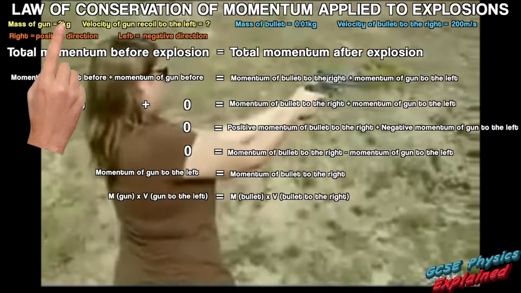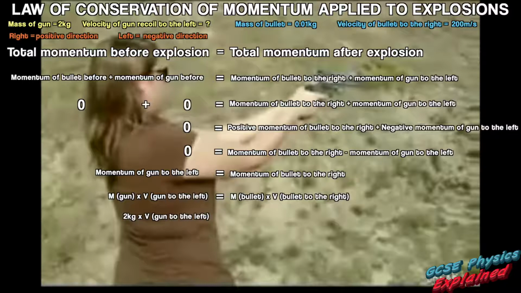So if we know the gun is 2 kilograms in mass, then that's 2 kilograms times the velocity of the gun recoiling to the left. If we know the bullet is 10 grams, which is 0.01 kilograms, and it travels at a velocity of 200 meters per second to the right, then the momentum of the bullet is 0.01 kilograms times 200 meters per second, which equals 2 kilogram meters per second to the right.